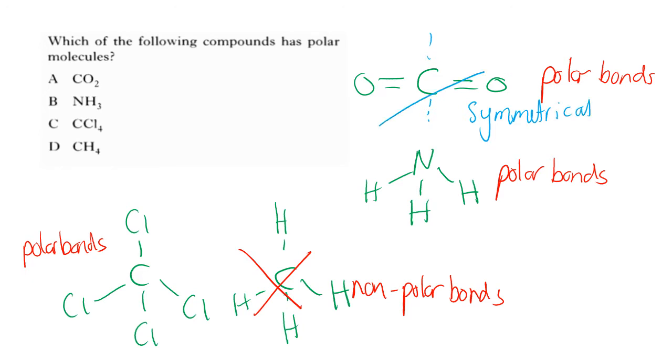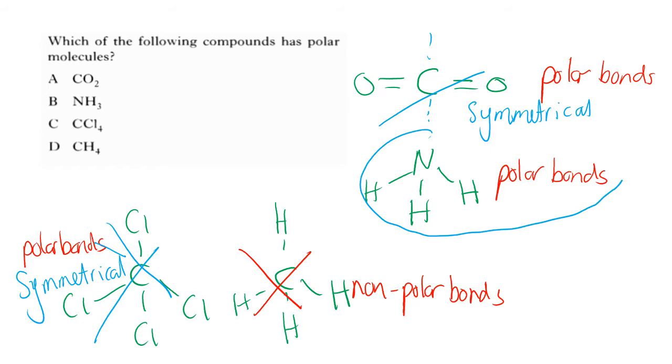This CCl4 is a tetrahedron, so it's symmetrical. So it is not going to be it, which leaves us with ammonia. And ammonia has a delta negative nitrogen at the top, and then the bottom part is all positive. So it's got a negative end, it's got a positive end, so it is a polar molecule.